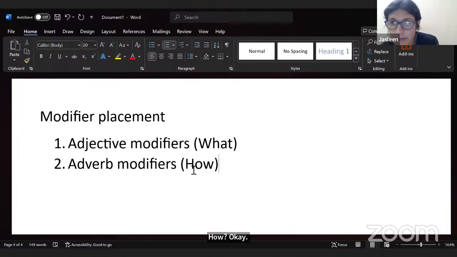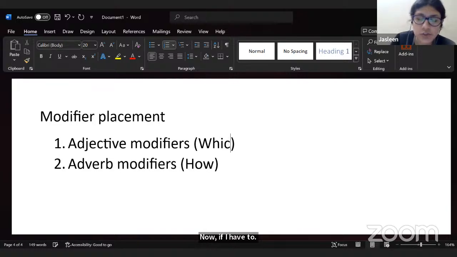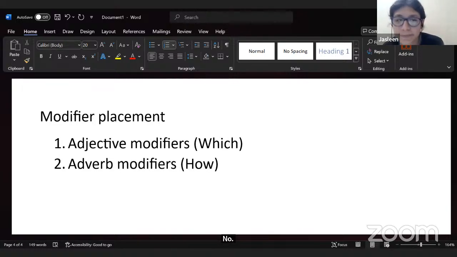Now, just make a correction. Here it would be which. Okay. Adjective modifiers, they answer the question which, and adverb modifiers, they answer the question how.